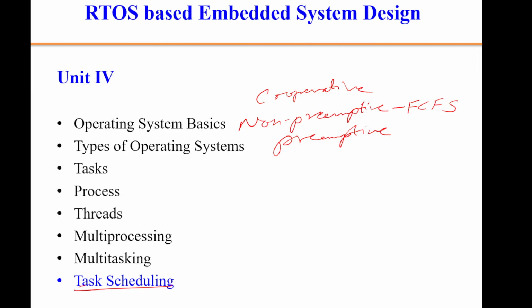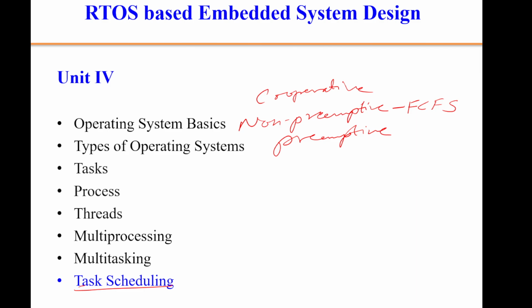Coming to non-preemptive scheduling, it is similar to cooperative, but the process will give up the CPU time only if its execution is complete, or if the process requires some IO response.